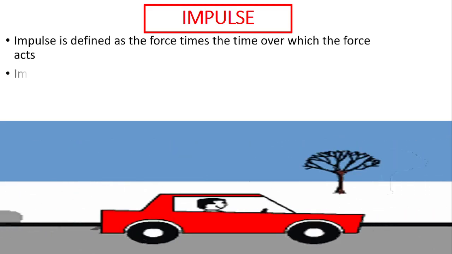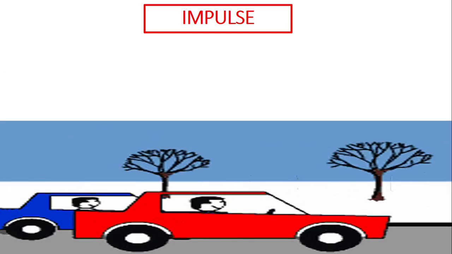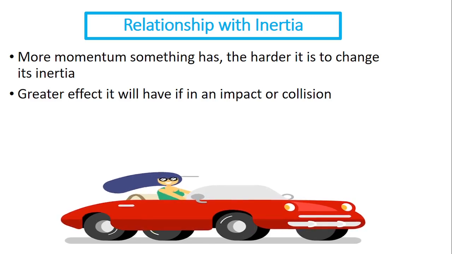Okay. The relationship there. So what we are going to do is first define what inertia is. Inertia is the ability of an object to resist change in its motion. Then momentum is the product of mass times the velocity.